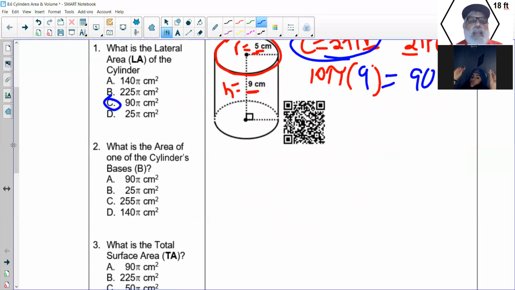Okay, now the area of the base, again, it's a circle, right? And that is pi r squared. So all I gotta do is substitute for the r.